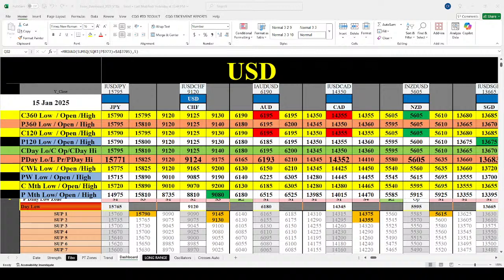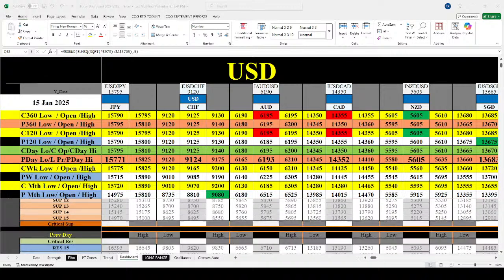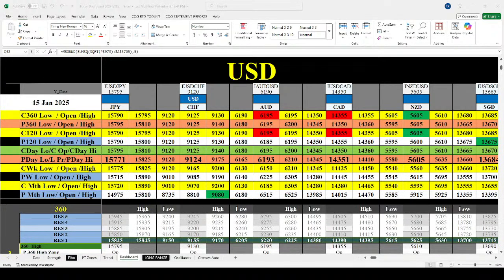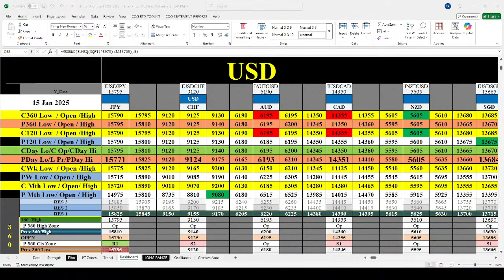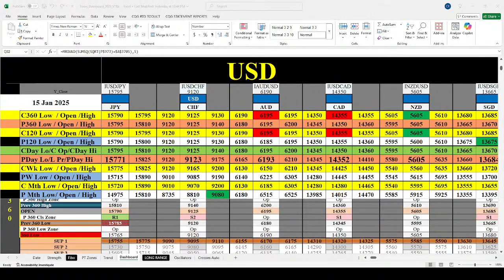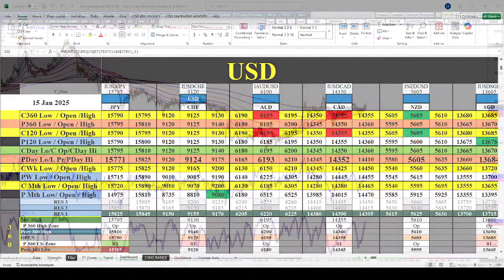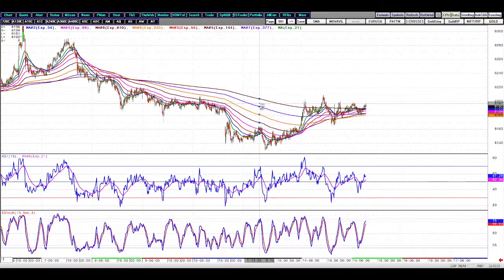Let's see, 143.10 and 143.20, and we should be exiting before 144 or 143.80. So let's see on the chart. Okay, confirm.